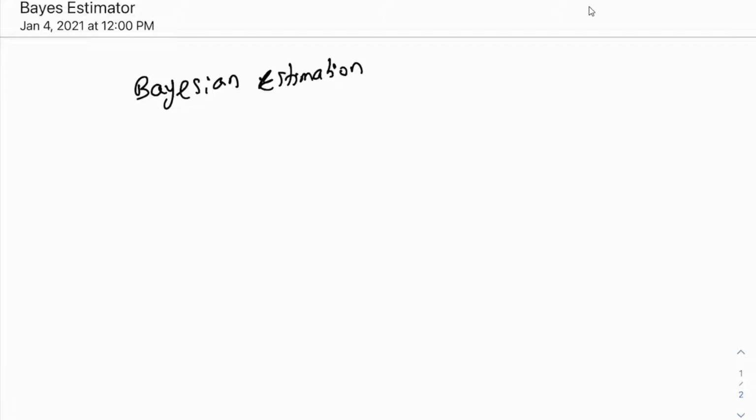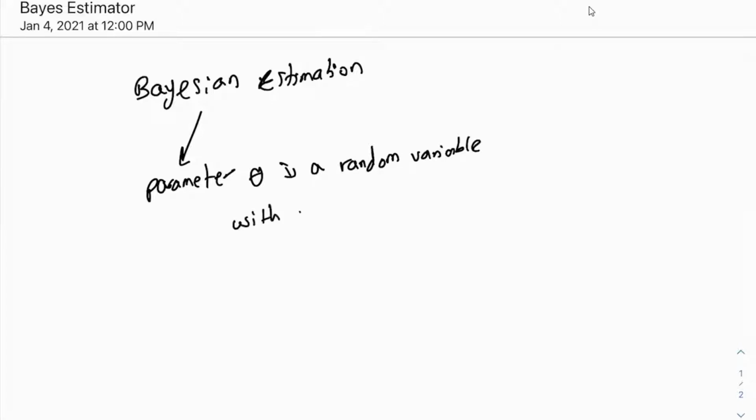During the Bayesian estimation, we talked about the fact that Bayesian estimation assumes the parameter theta is a random variable with unknown distribution. Good.